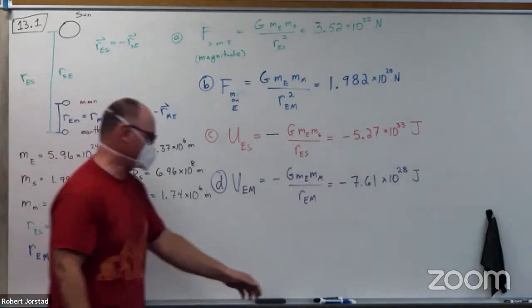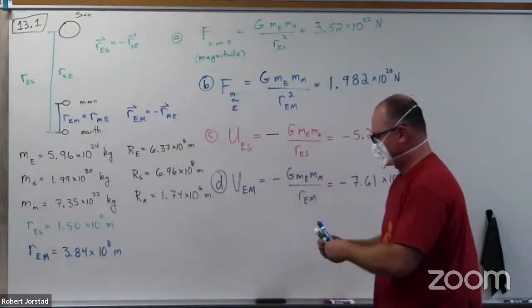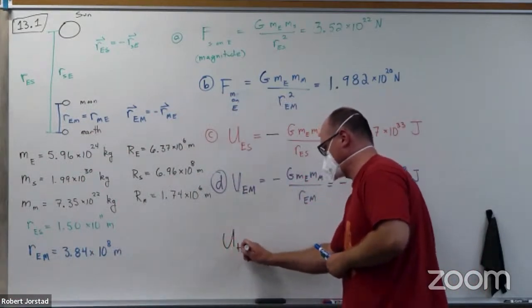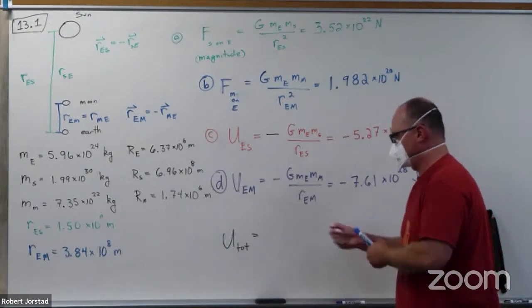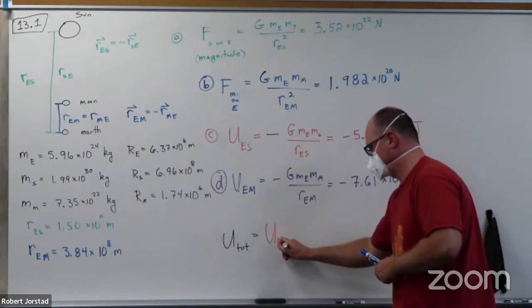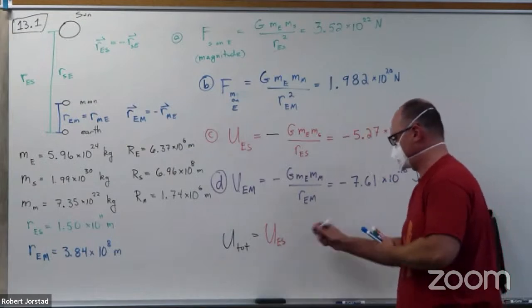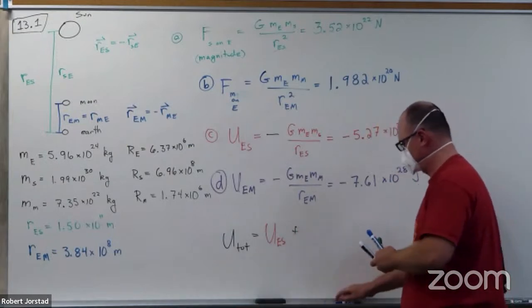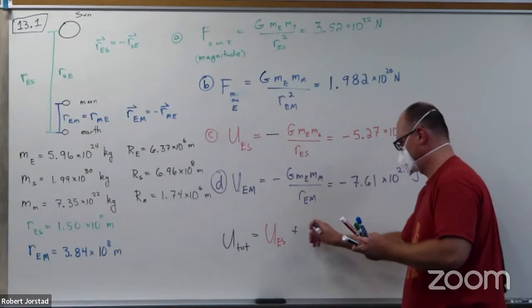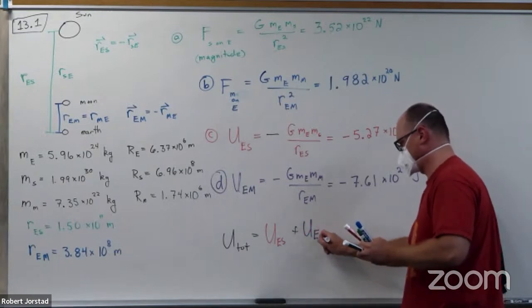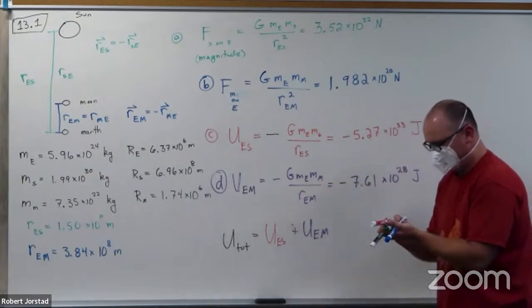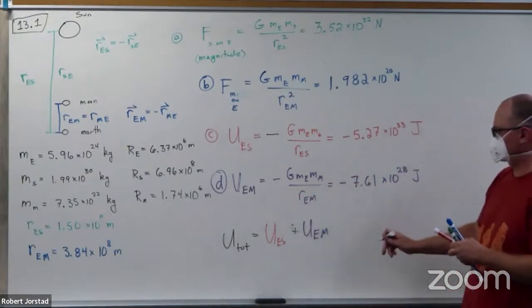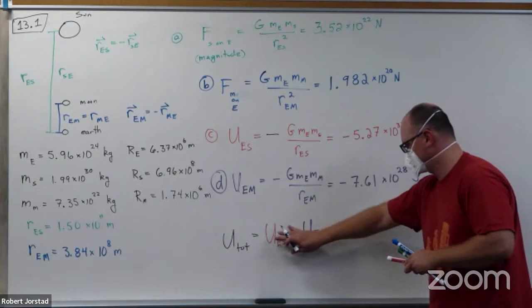So it turns out, the total potential energy is equal to UES plus UEM, but we can't forget the third pair. The last one would be what? Moon, sun.